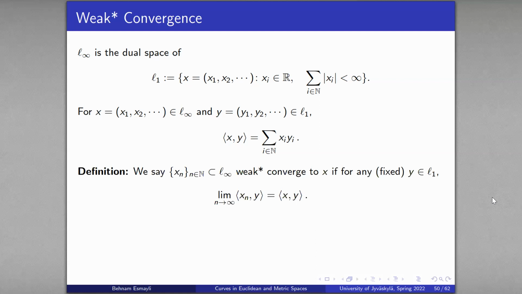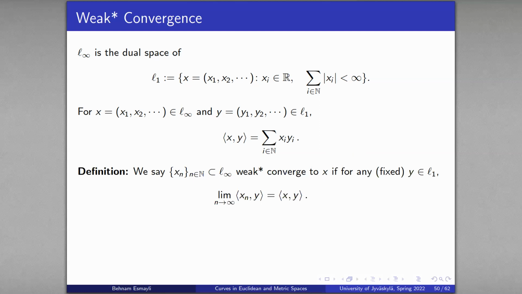Then there's the notion of weak star convergence. A sequence in L infinity weak star converges to another value in L infinity if this holds: the action of x_n on y converges to the action of x on y, for every fixed y in L1.